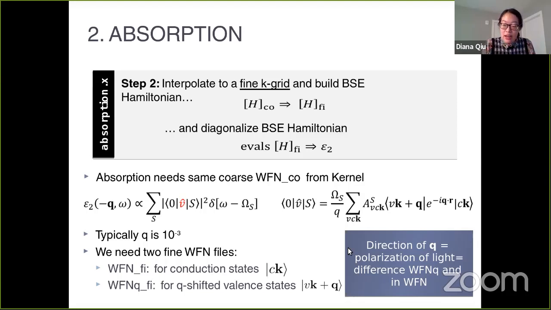And finally, the direction of this Q vector is also going to determine the polarization of your incoming light. So if you want to change the polarization of your light, you can change the direction of this small Q shift for WFNq_fi.